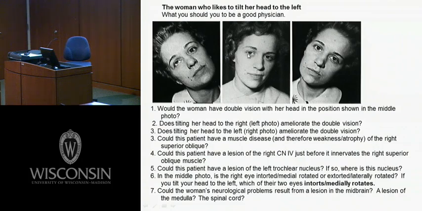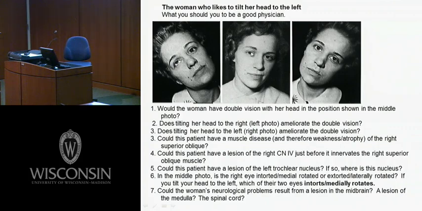So this right eye, where the problem is probably, would it be intorted or extorted? If you lost the superior oblique, it'd be extorted. All right? So think about what you'd have to do to get this eye to intort. If you rotated this way, or if you tilted your head this way, this would intort.